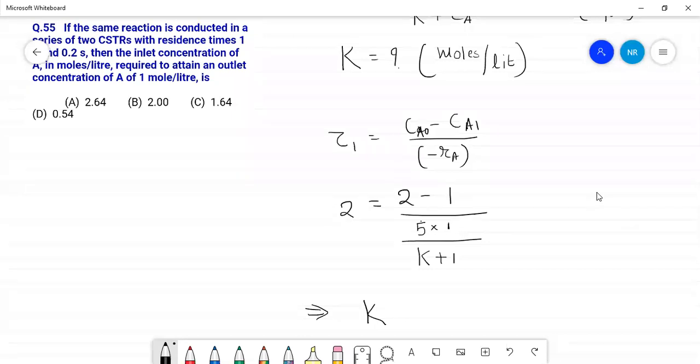Students, can you give me the answer of capital K? So here 2 is equal to 2 multiplied by capital K plus 1, is equal to 1 divided by 5.